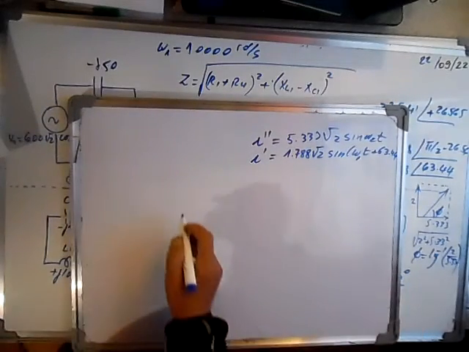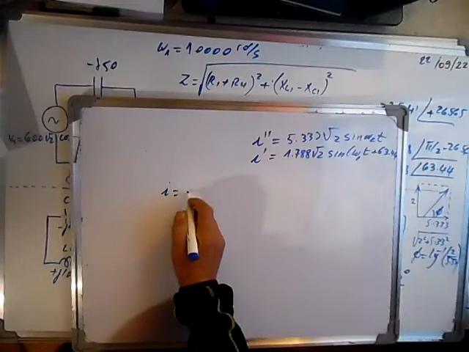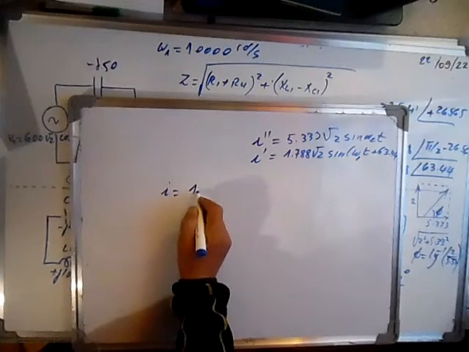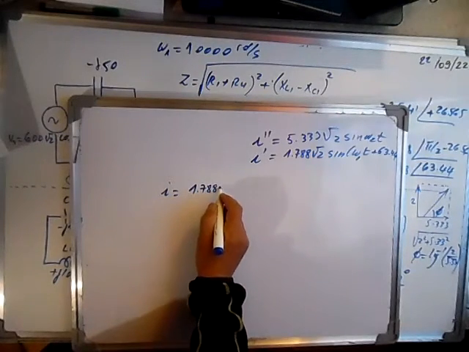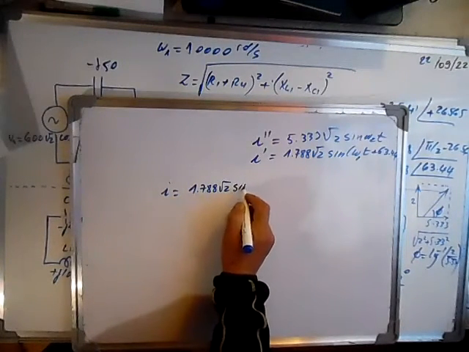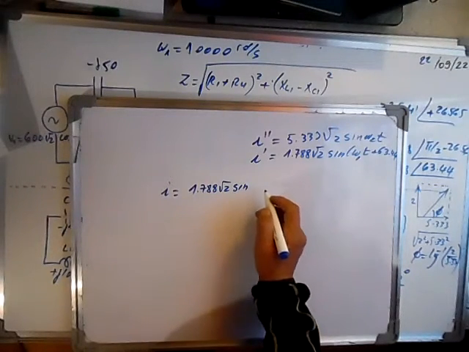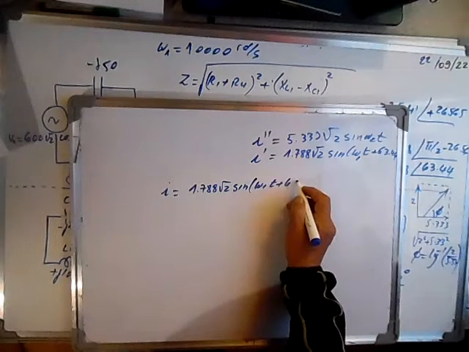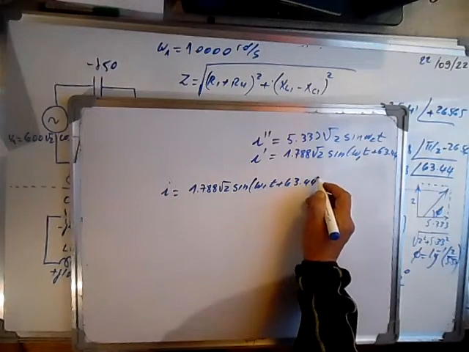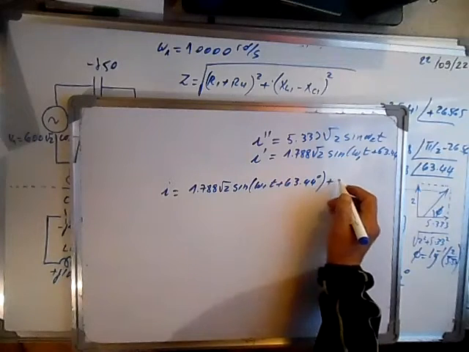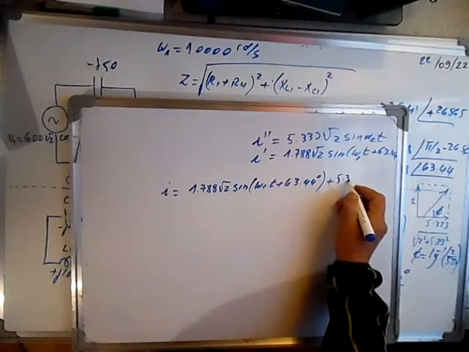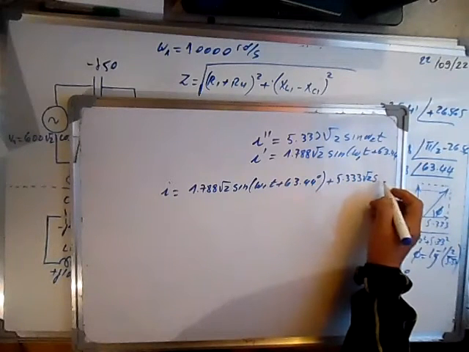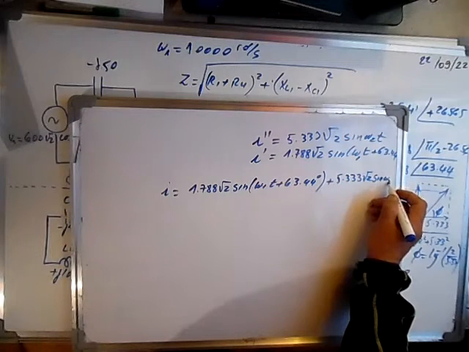So the main current will be I equal to 1.788 square root of 2 sine omega 1 t plus 63.44 degrees plus I2 prime, 5.333 square root of 2 sine omega 2 t.